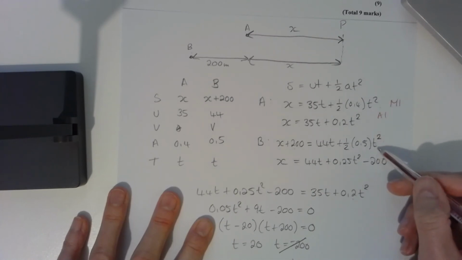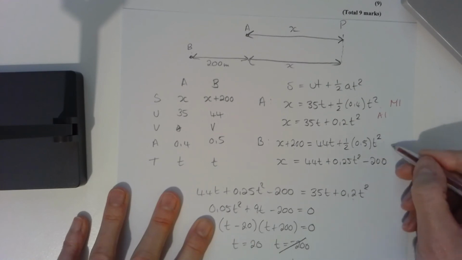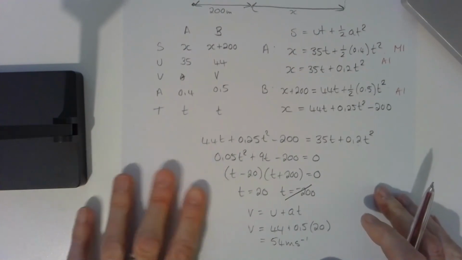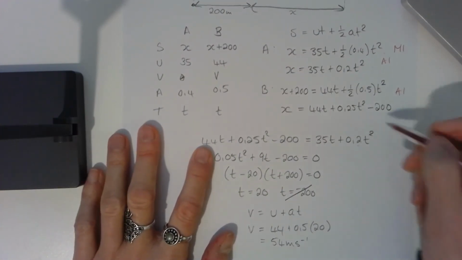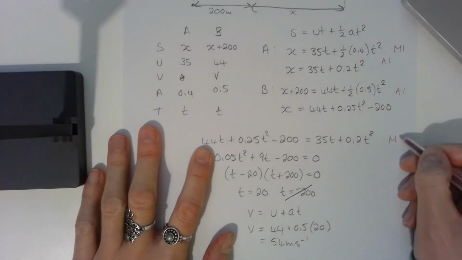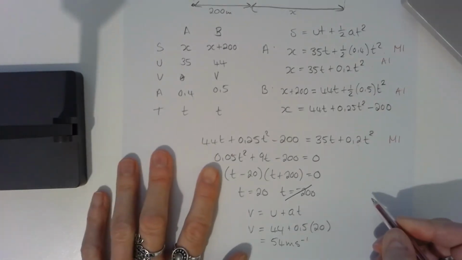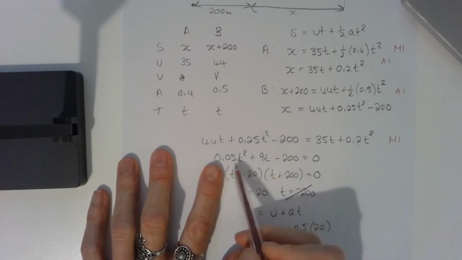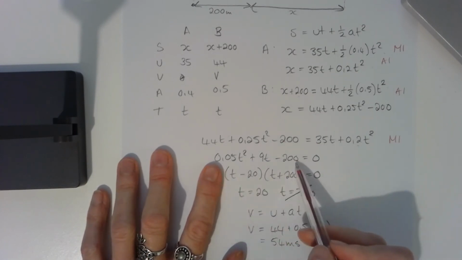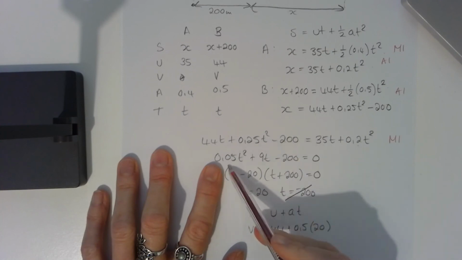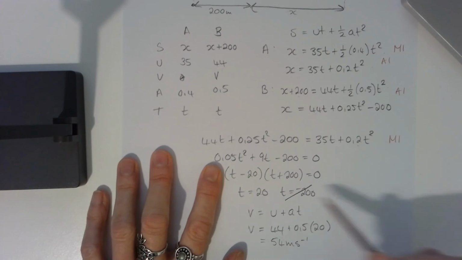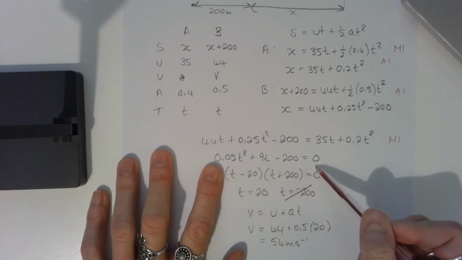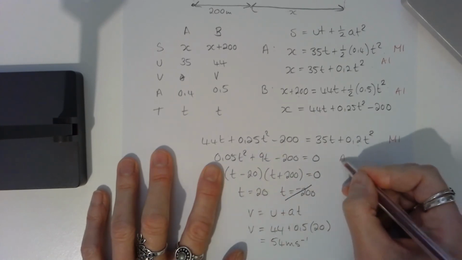And an accuracy mark for a correct equation in x for this one, for B. Then a method mark for an equation only in t, so having eliminated x. Then an accuracy mark for a fully correct equation. So this one could have errors in it, but you've attempted to make an equation in t. You've got the method mark; fully correct and all on one side like this, accuracy mark.